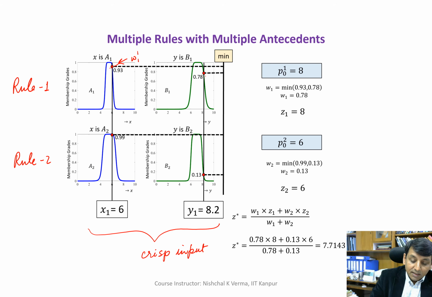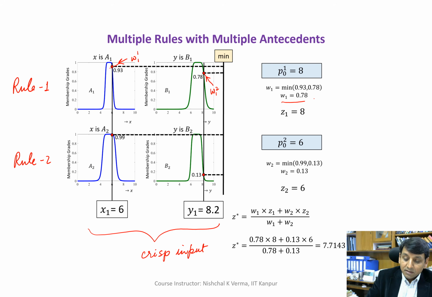Similarly, let us find, corresponding to y1 equal to 8.2, the intersection point on B1. Let us call this W12. Now we have both W11 and W12. Let us take min because the connective is AND.